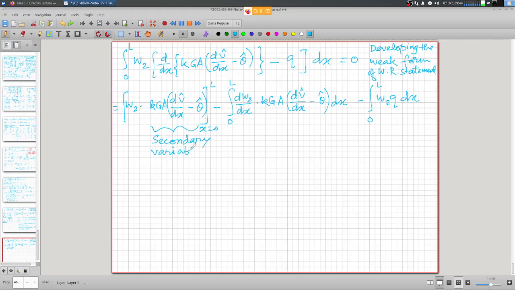And what is that secondary variable? This is the shear force. And what is the primary variable associated with this? The primary variable associated with this would be the transverse displacement.